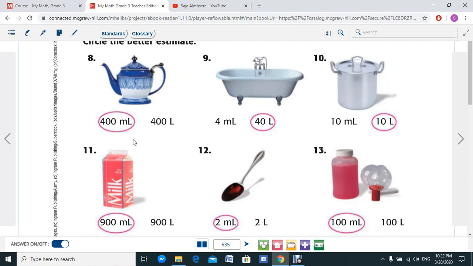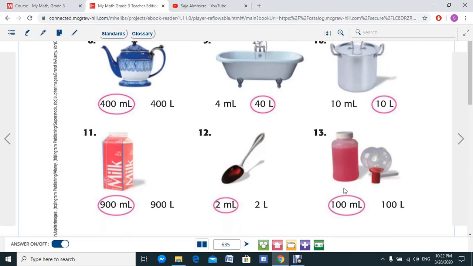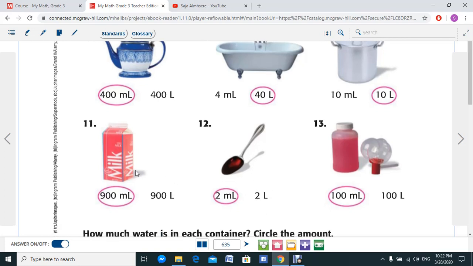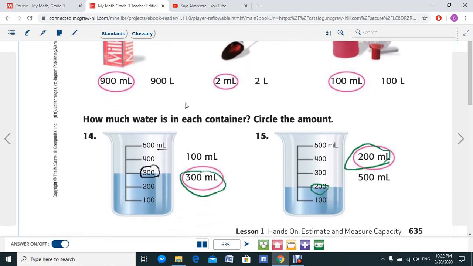It is 400 milliliter, not 40 liter or 10 liter. Look, it is very small. We use milliliter to measure it. 2 milliliter for the spoon, not 2 liter, okay? Some of you said 2 liter. It is impossible for the spoon capacity to be 2 liter, and 9 milliliter for this milk box.